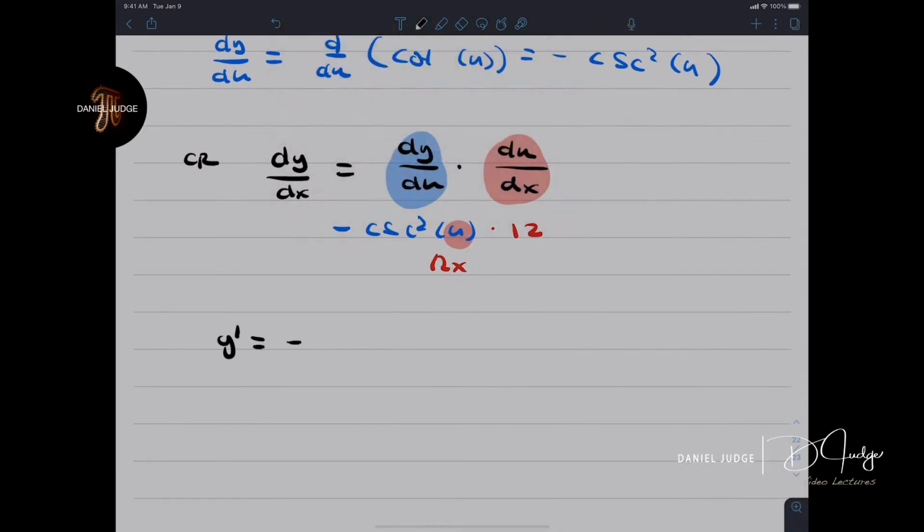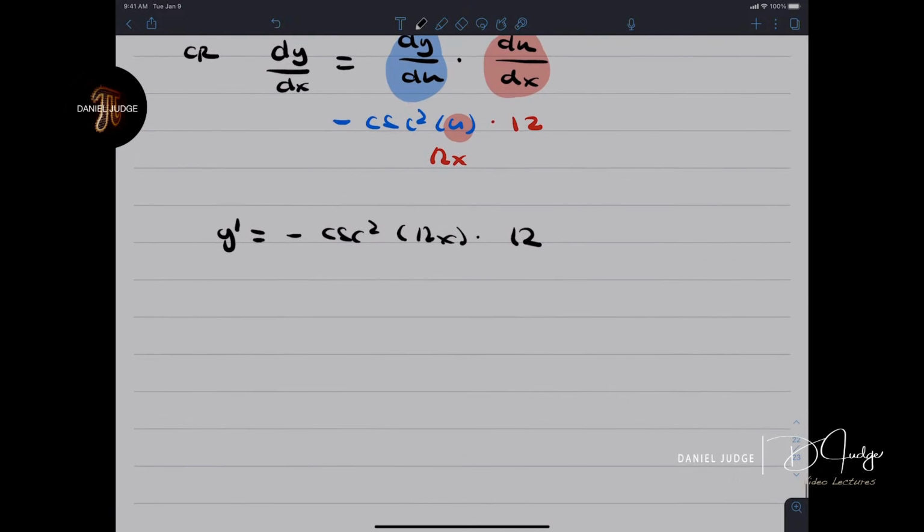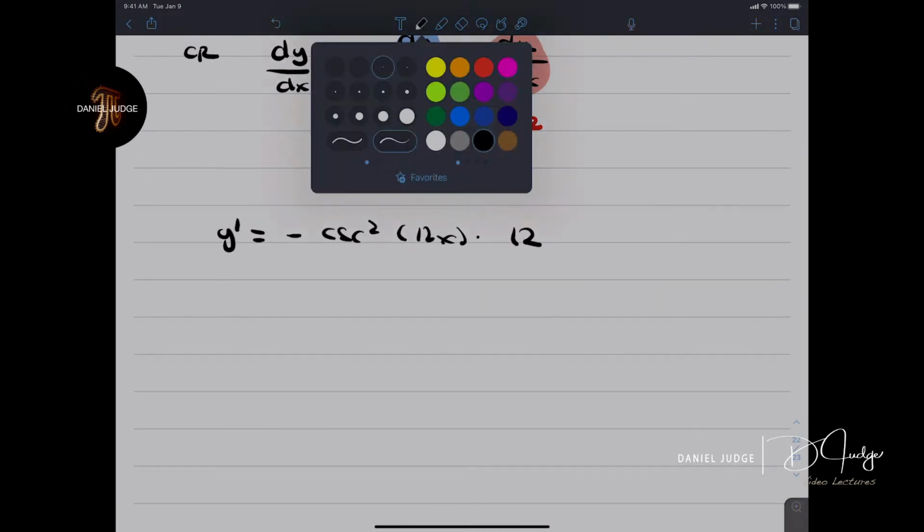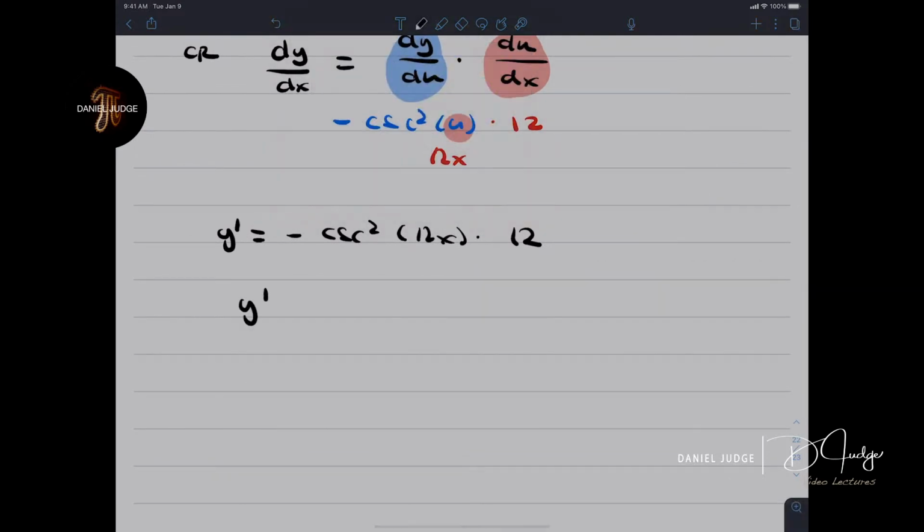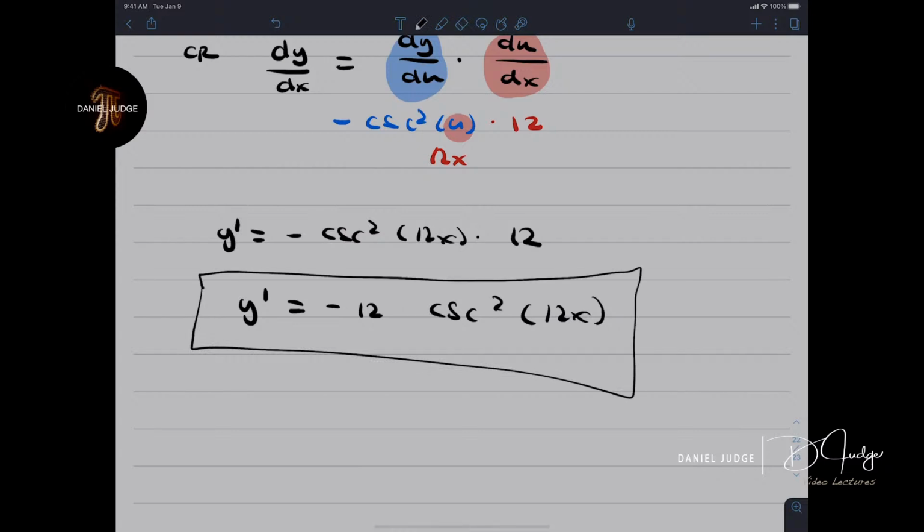Y prime is minus cosecant squared 12x times 12. But I can't multiply the 12 times 12x. This is functional notation. So y prime is negative 12 cosecant 12x.